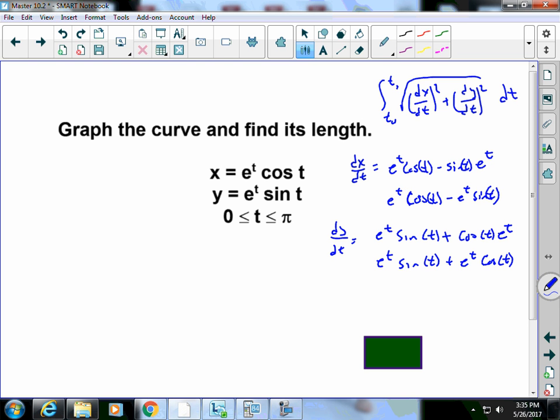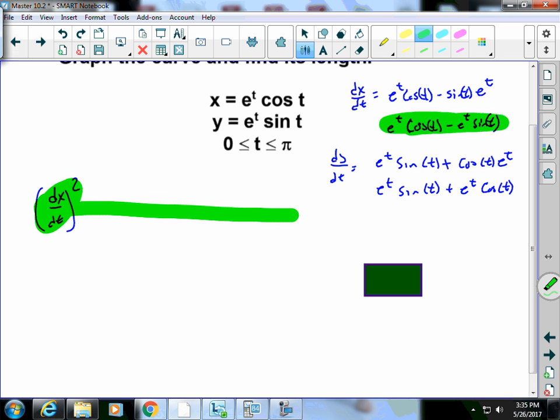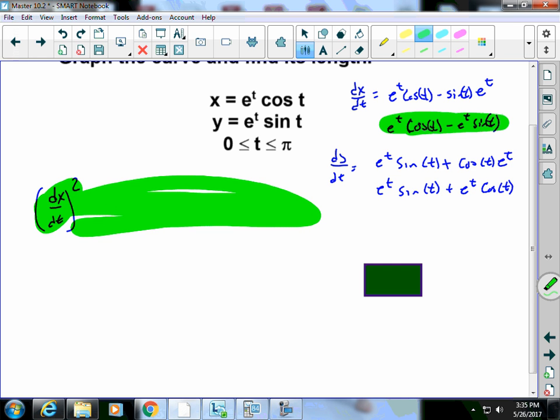Alrighty. So now we have our dy/dt and our dx/dt, but we need dx/dt squared. So that means I need to take this and square it. That's going to be this mess over here when I'm all done.